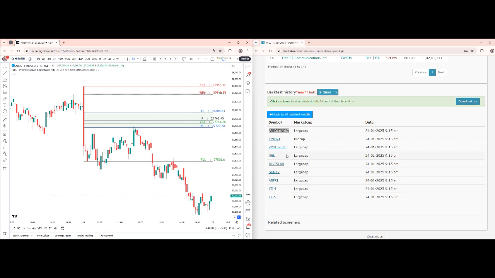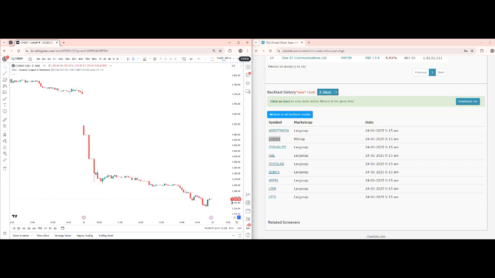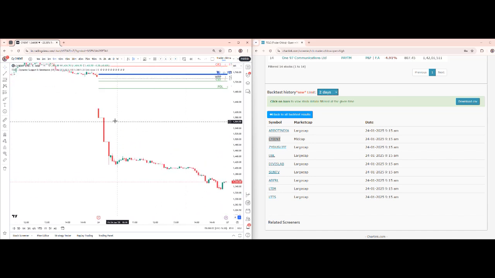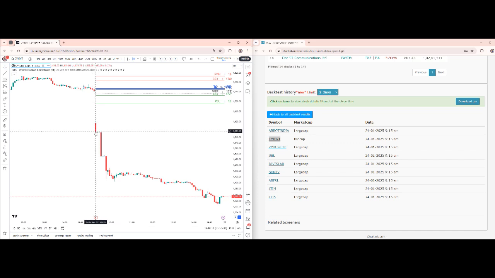Okay, so we can see the next stock. Okay, this one. Here this one also we can see that open equal to high only. After that we can see that the particular stock is also trading below the first 5 minutes candle.